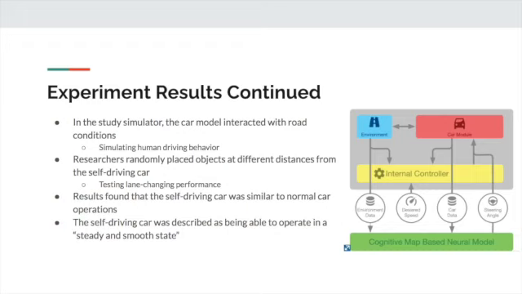Results of the study found that the self-driving car operation was similar to that of operation by human drivers. And so researchers were able to conclude that the self-driving car was in fact able to operate in a steady and smooth state, and this suggests that self-driving cars may be able to safely operate in the future.